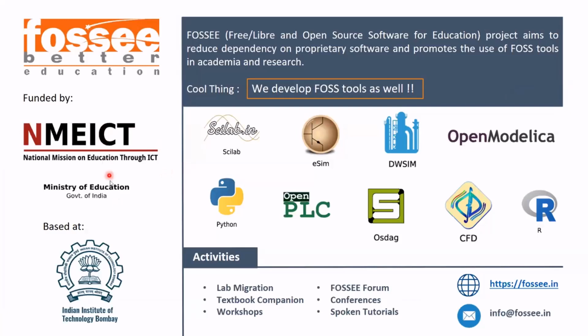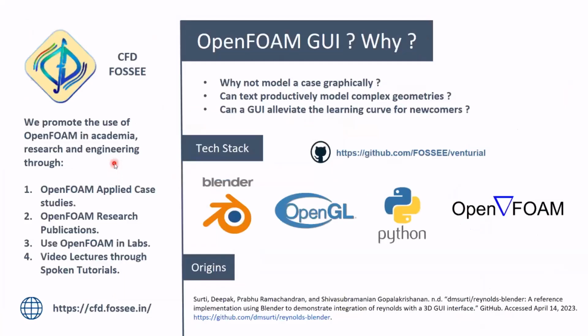FOSSEE itself is Free and Open Source Software for Education, and it's a project that aims to reduce the dependency upon proprietary software and promotes the use of FOSS tools. The cool thing is we also develop FOSS tools, and at CFD FOSSEE, we promote the use of OpenFOAM in academia, science, research, and engineering.